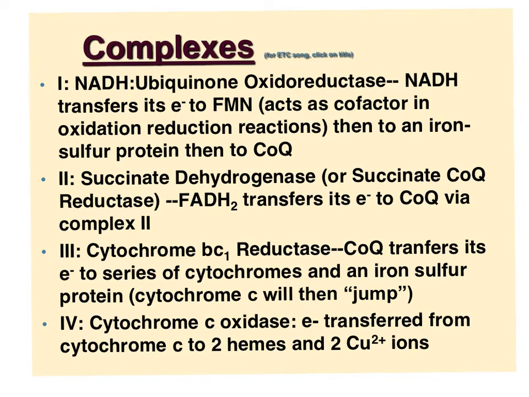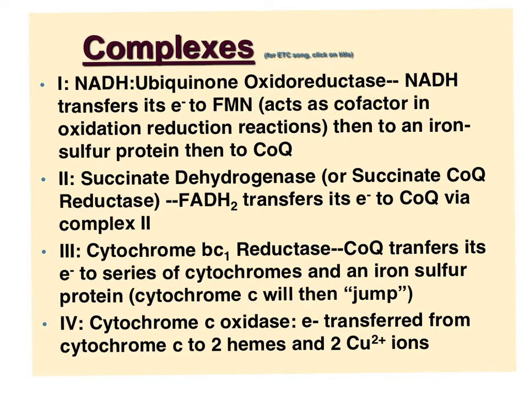I like to use the word jump, because cytochrome C is the only protein in this entire process that is not an integral protein. Remember, integral means stuck in the membrane.